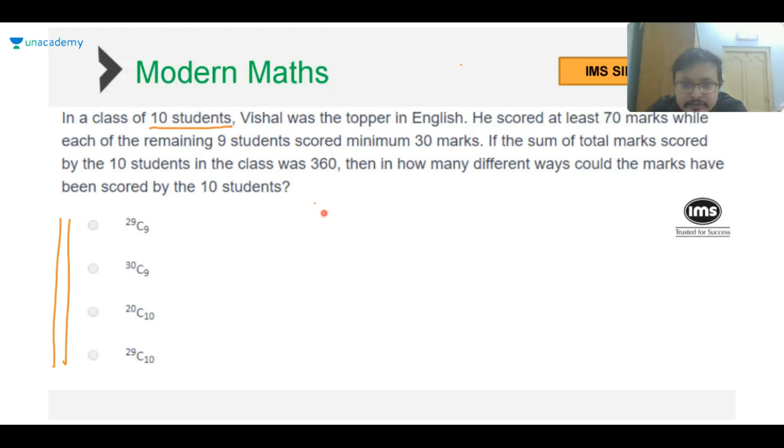So all our distribution formulas are around the concept of CR minus 1. Yes or no? Whether it is n plus r minus 1, CR minus 1, or n minus 1, CR minus 1, all of them are of the form CR minus 1. Yes or no?